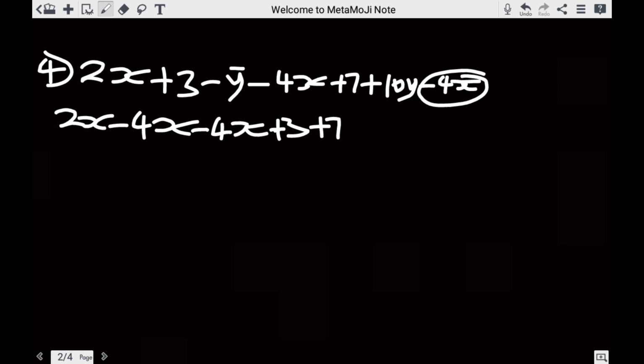Then go to y now, minus y, then go to plus 10y.